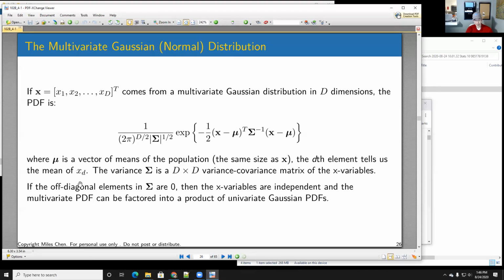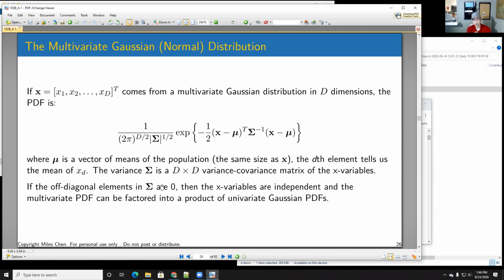And when you talk about the variance covariance matrix, the diagonal is the variances, and the off diagonal elements are the covariances. If the off diagonal elements are 0, then the x variables are independent.